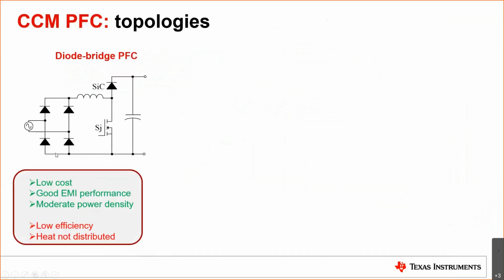It will also have a good EMI performance because you always have the ground connected with a diode to the AC neutral. The power density will be moderate, but definitely the efficiency will not be the highest. And we will see also the numbers of the losses in a bit. And since it's also not a symmetrical power architecture, the heat will not be distributed evenly.